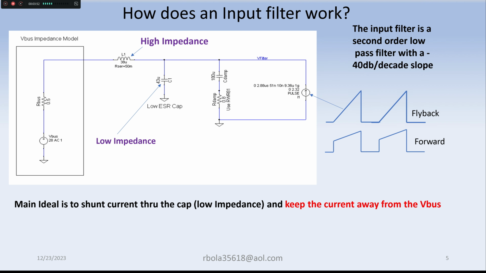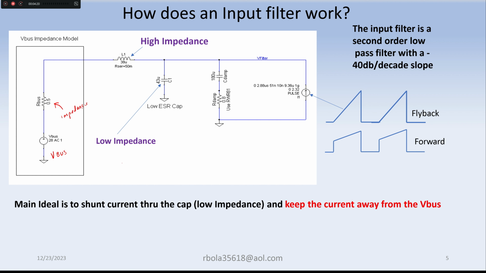Okay, so here is a very simplified input filter, and we're going to start on this section. This is the bus model. I'll call it the V bus. You have your input voltage, and typically the bus will have a certain impedance as well.